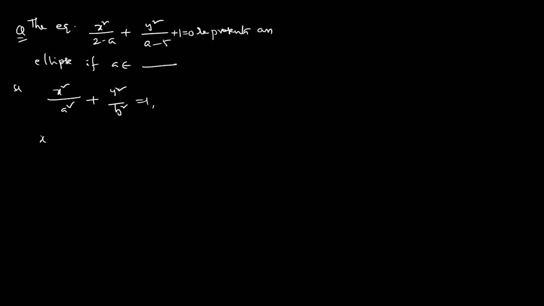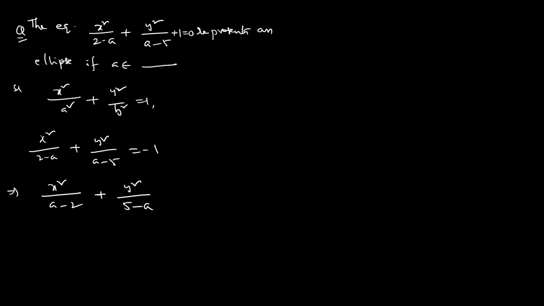X square by 2 minus a plus y square by a minus 5 is equal to minus 1. Divide with minus 1. That is x square by a minus 2 plus y square by 5 minus a. So this is the ellipse. Both are multiplied with minus 1. So a minus 2 greater than 0, greater than 0. General case. So what is the answer?